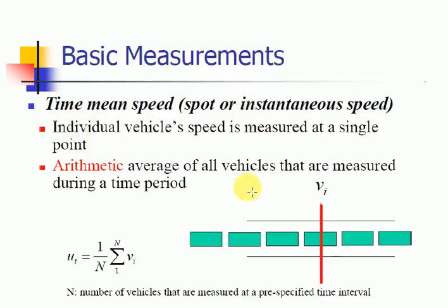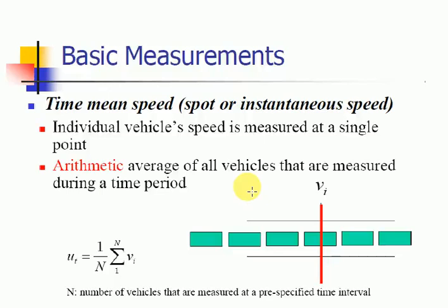The time mean speed is evaluated by using, say, a radar speed meter, where at a particular location, when a vehicle is coming, a radar beam will fall on it and tell the speed of that particular vehicle at that spot.